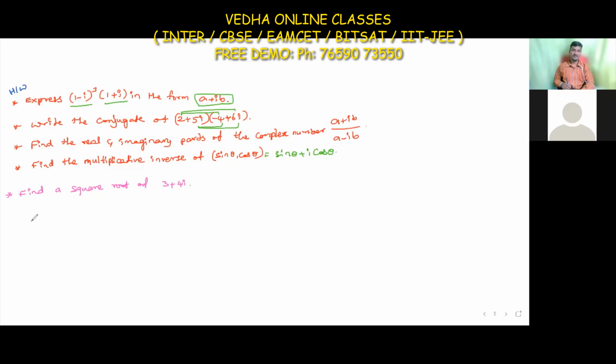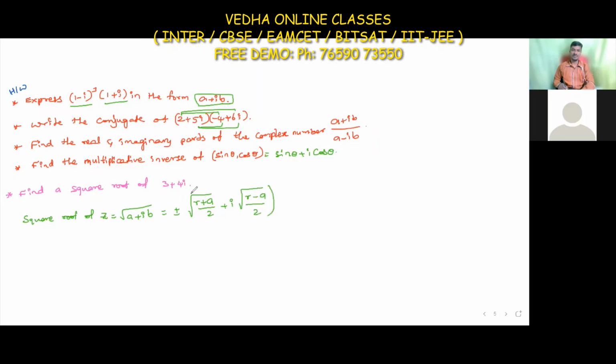The square root of z equals the square root of a plus ib, which equals plus or minus root of (r plus a) divided by 2, plus i into root of (r minus a) divided by 2.